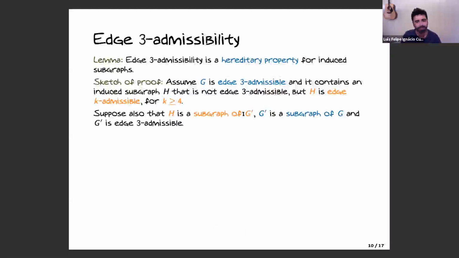Suppose also that G has another subgraph such that H is a subgraph of G', which is a subgraph of G, and G' is actually edge 3 admissible. We know that there is such a graph G' since G is 3 admissible. So in particular, it could be exactly equal, isomorphic to G'.